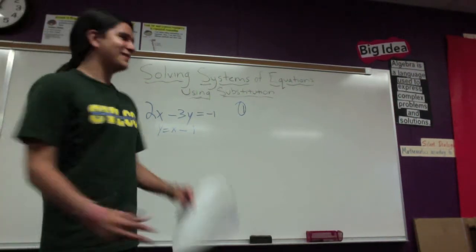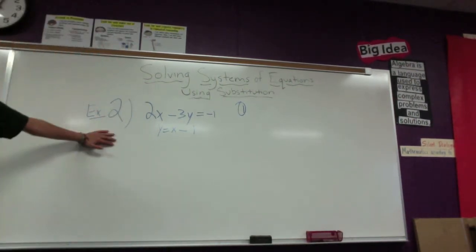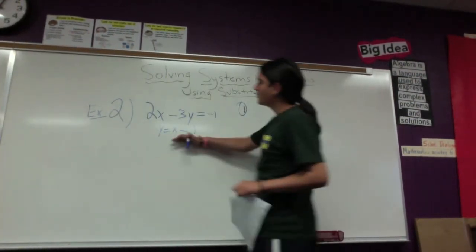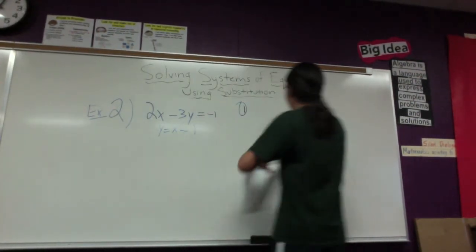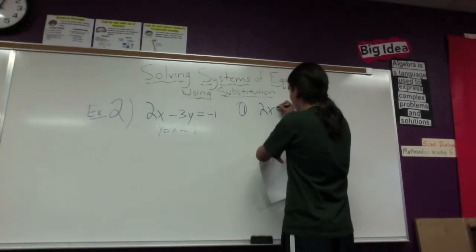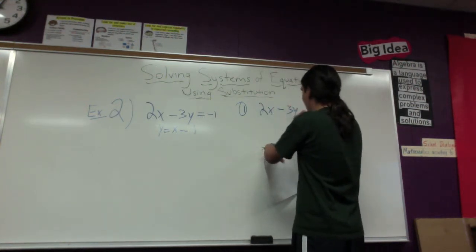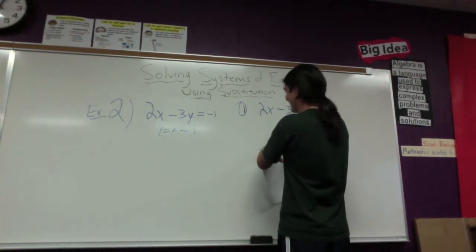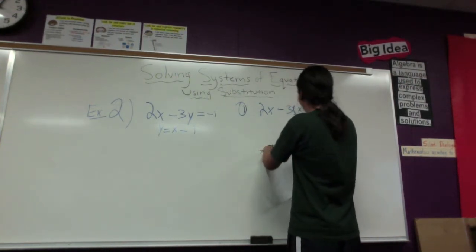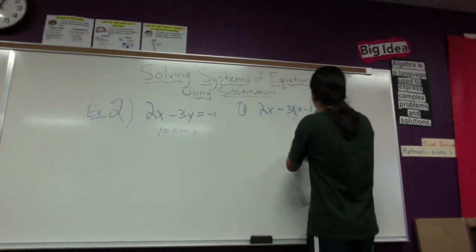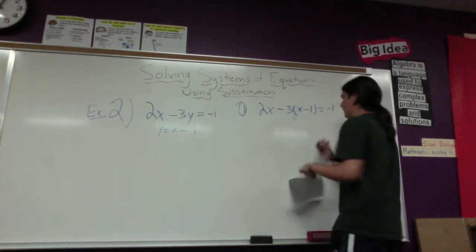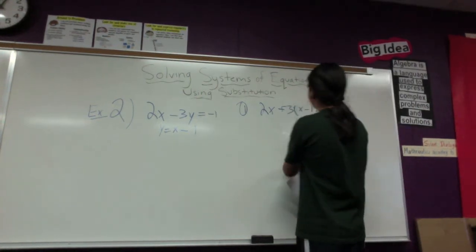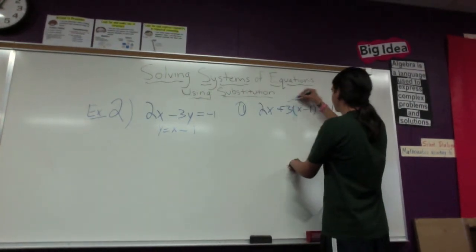Hello. And this is example 2. I'm going to show you how to solve it. First, you have to plug this equation into y. Now you solve it. Add the opposite. Distribute.